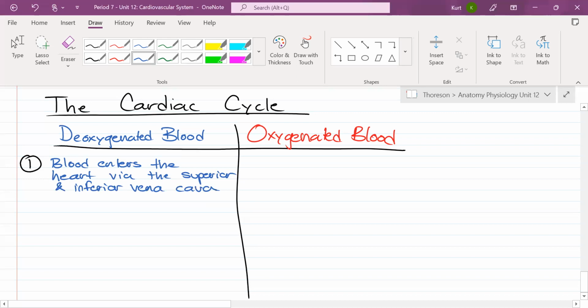Now, at the very same time, that's why we're doing these simultaneously, blood is going to return to the heart from the lungs. What blood vessels allow blood to return from the lungs back to the heart? Pulmonary veins.